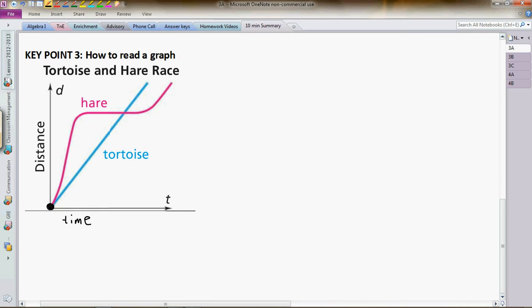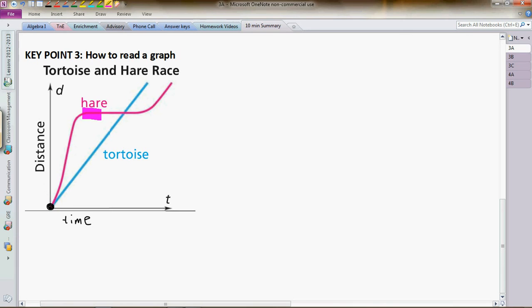So let's analyze this graph. If you look at the tortoise, it's just a straight line. That means it's a constant pace, just going on and on. On a distance time graph, the steeper the line is, the faster the object travels. The first part of the hare's line is very, very fast, because the line is way steeper than the tortoise's.